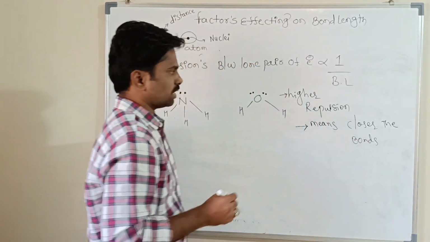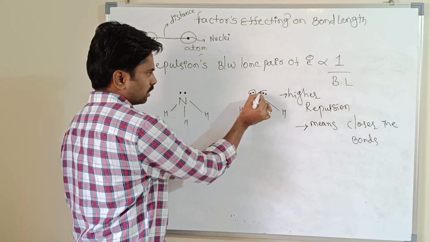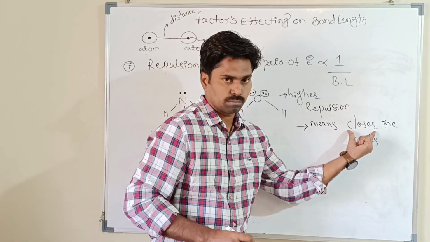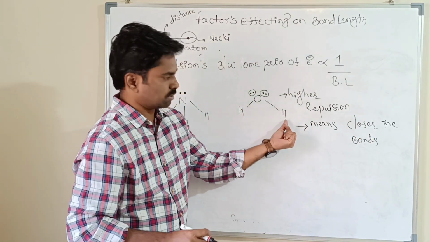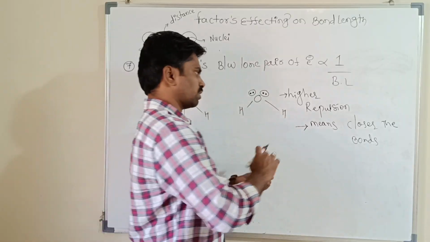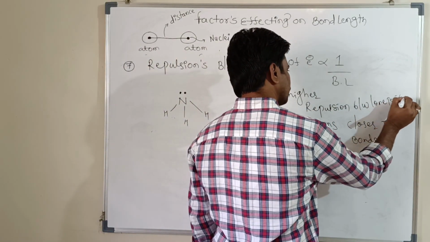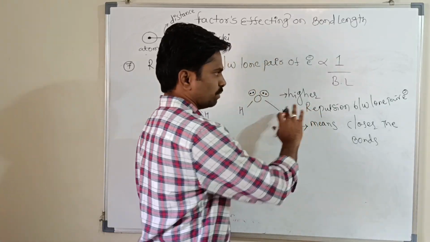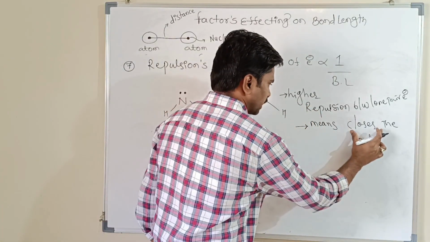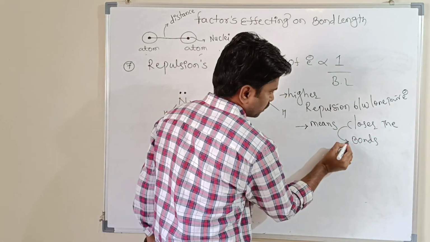If there are higher repulsions between the lone pairs of electrons, the bonds come closer. That means the oxygen-hydrogen bonds are very short because of the repulsions of the lone pairs of electrons. Higher repulsions between lone pair electrons mean excess repulsions, and the bonded atoms come closer.